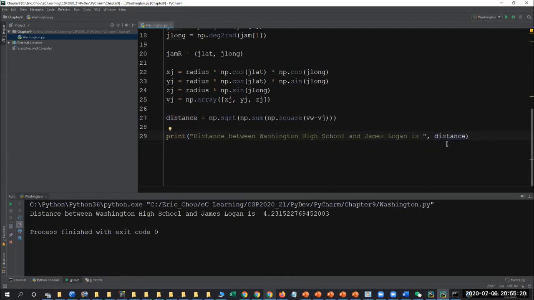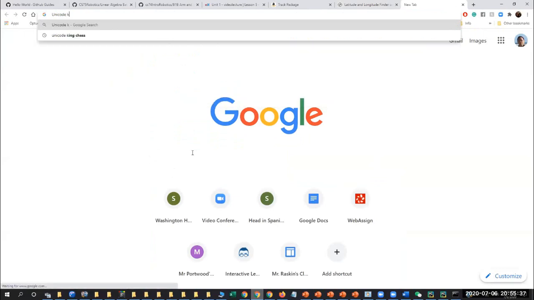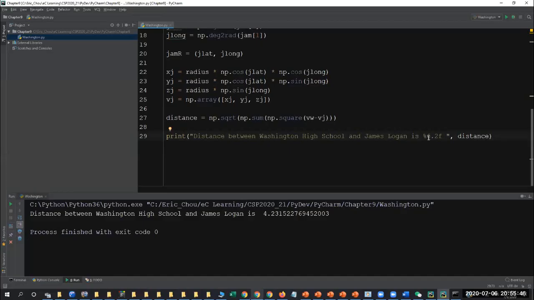So here is percentage F. Okay, so let's do 6.2 F. Kilometer symbol. The Unicode is backslash u 339E.